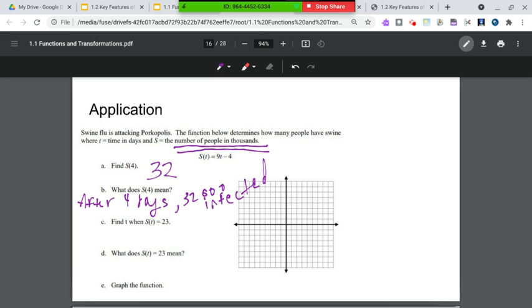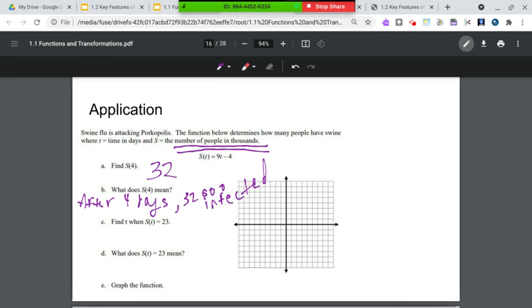Okay, and then let's do C and D. So letter C says find T when S of T equals 23. So plug 23 in for S of T. Tell me what you get for your T value. Is it 203?